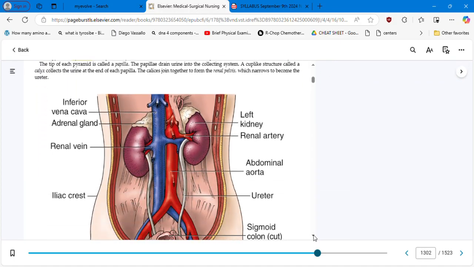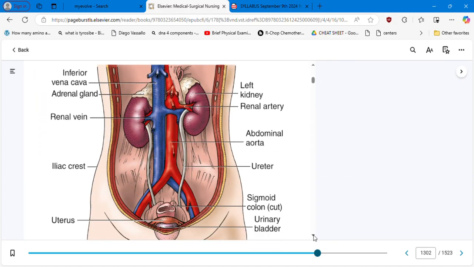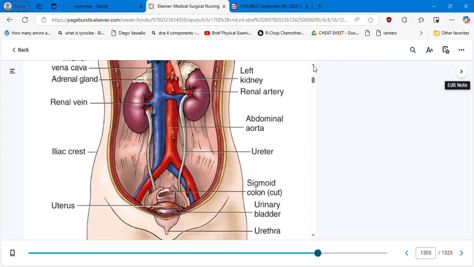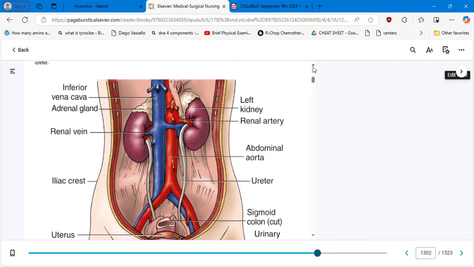Okay, here you have a very nice graphic about the anatomic location of the kidneys and structure of the urinary system. So first thing, look at the kidneys. They are not in the lower back. They are almost in parallel to the ribs, right?